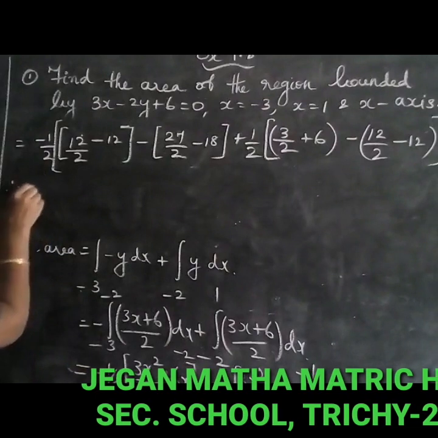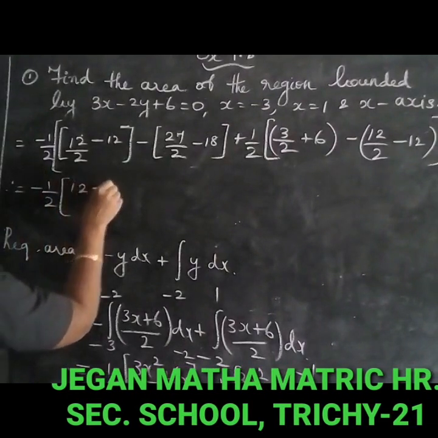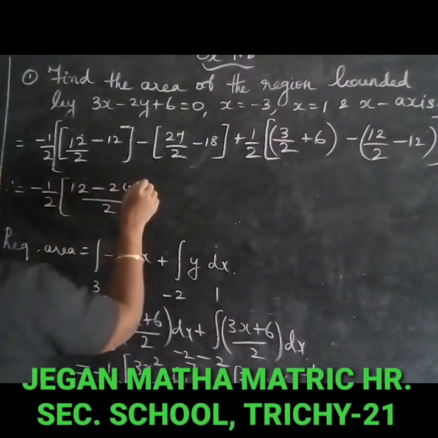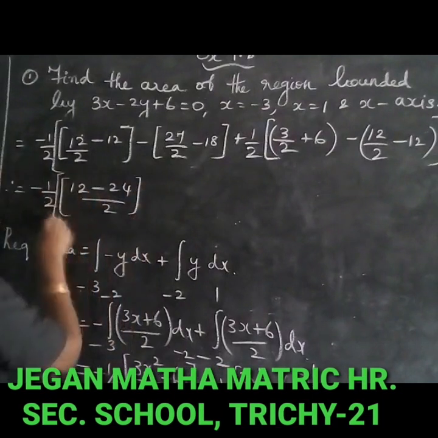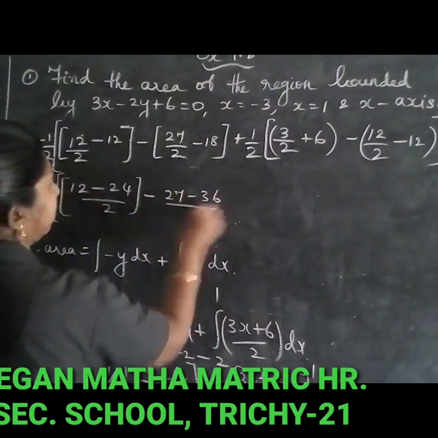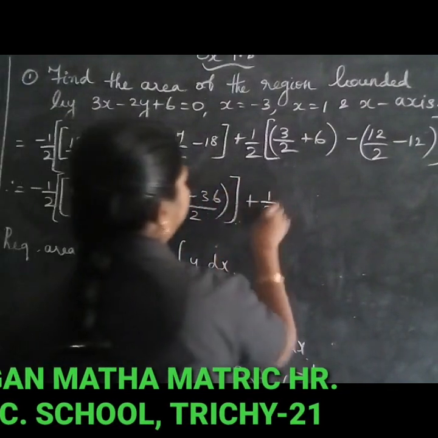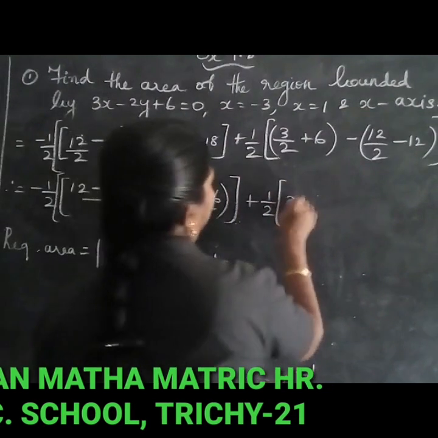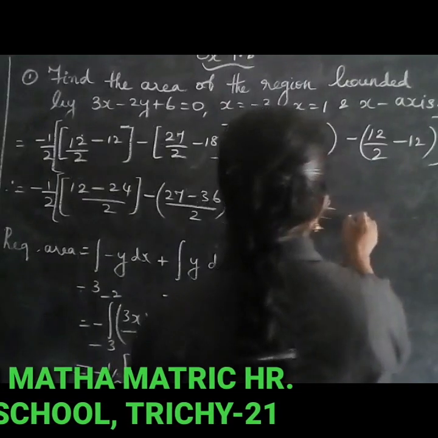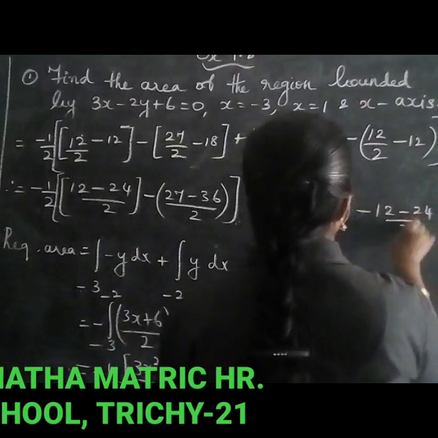Next one. Minus 1 by 2 into (12 minus 24) by 2, minus (27 minus 36) by 2. Second one is 1 by 2 into (3 plus 12) by 2 minus (12 minus 24) by 2.